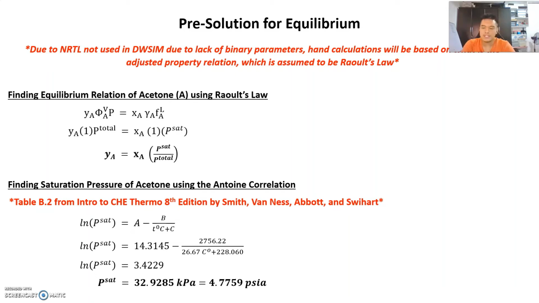Then, we need to find the saturation pressure of acetone at a certain temperature. So using the saturation pressure equation of Antoine correlation, this is the result. And using values from the book of Smith, Van Ness, and Abbott, 8th edition, CH160 Thermodynamics, table B.2, the saturation pressure at that specific temperature given is 32.9285 kilopascals or 4.7759 pounds PSIA, pounds square inch absolute.